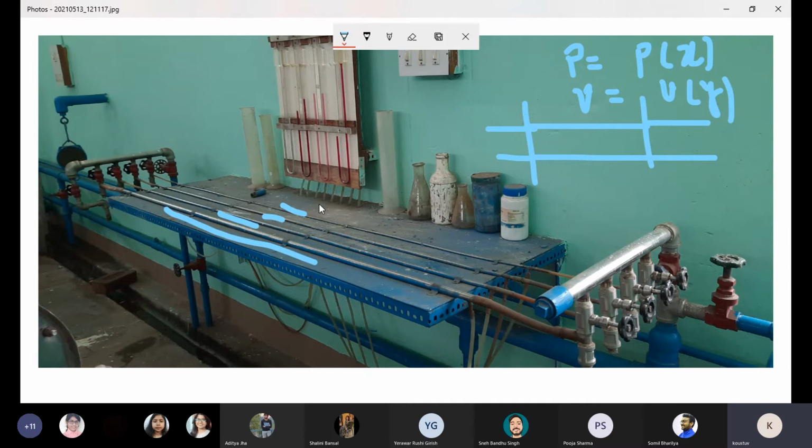So what we are essentially doing is measuring the wall shear stress, delta P, and viscosity. That means we are trying to measure the viscosity of water. That is the objective.